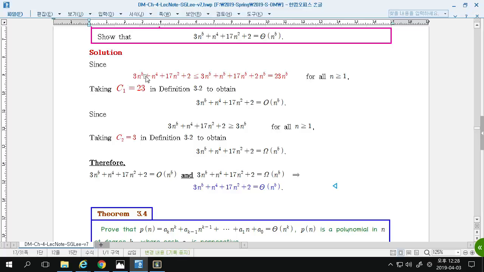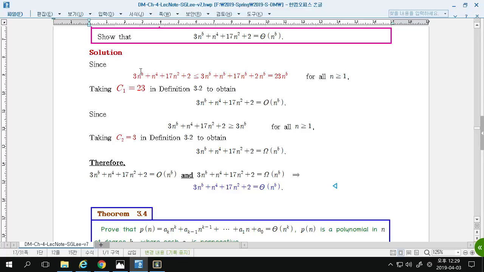3 times n to the fifth plus n to the fourth plus 17 times n squared plus 2 is less than or equal to 3 times n to the fifth plus n to the fifth plus 17 times n to the fifth plus 2 times n to the fifth for all n bigger than or equal to 1, always. If you add all those, then it's 23 times n to the fifth.